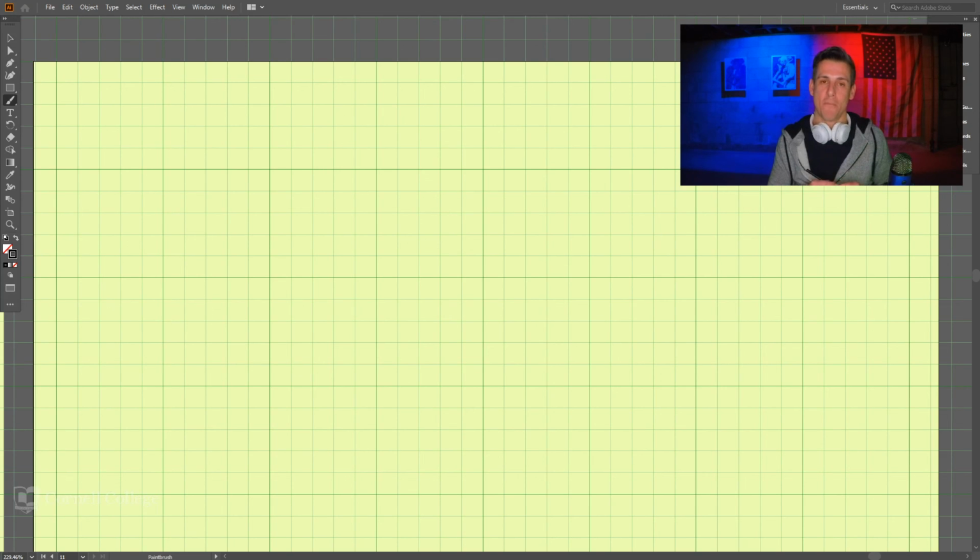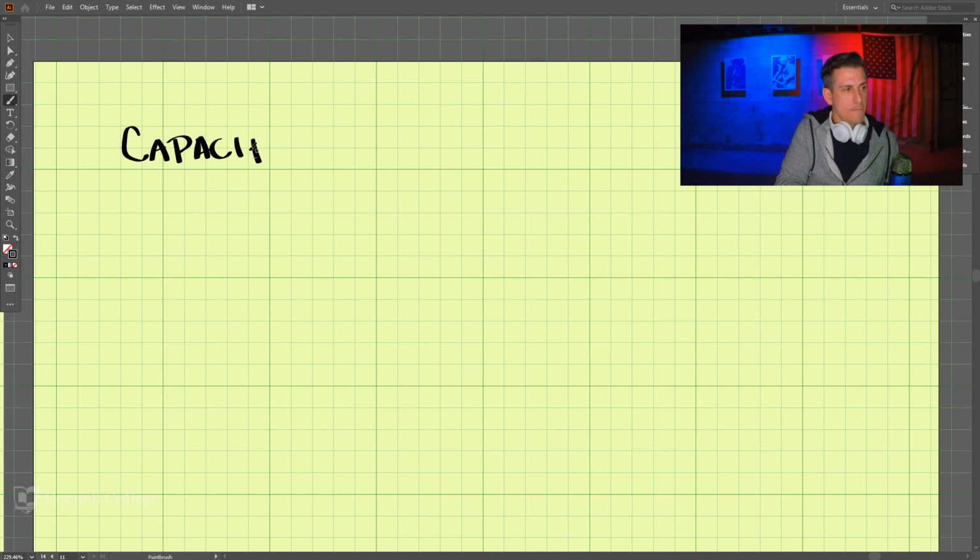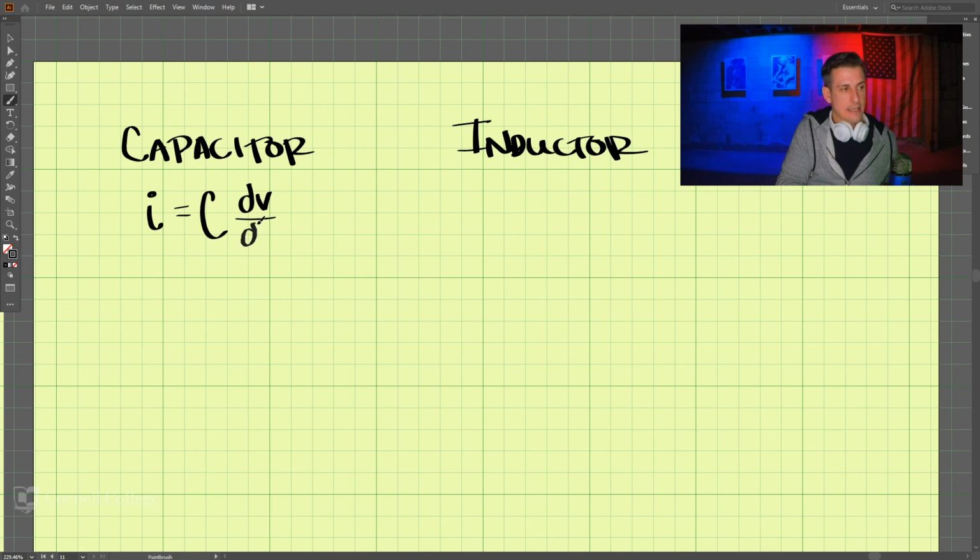Now let's finish up by doing some comparisons between capacitors and inductors. So let's take a look, and I'm going to make 2 columns, capacitor and inductor. Remember, for a capacitor, we have the current is equal to the capacitance times dV/dt.